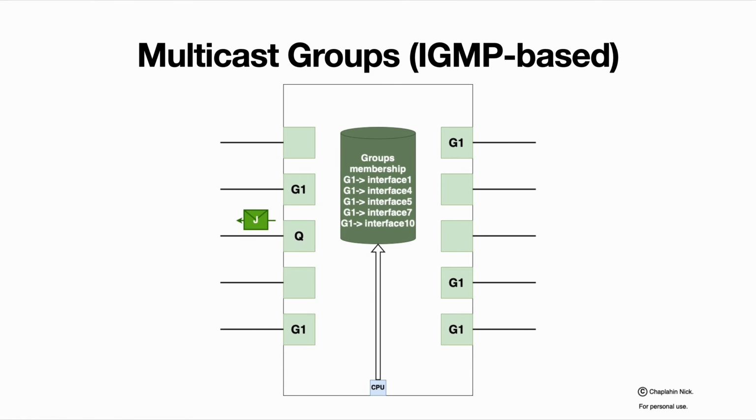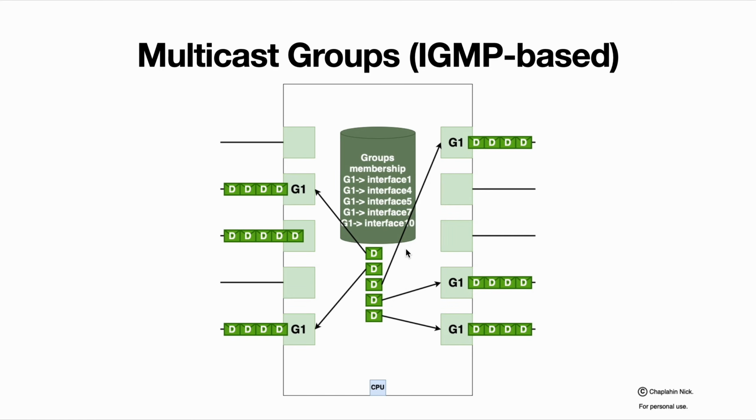Then when data traffic is coming, the data frame also has the identifier of the group. We compare behind which interfaces there are interested parties in this traffic, multiply the frame as many times as needed and send it through those interfaces. That's how simple it is. In basics. Details could add some additional headache, but the basics are very simple and straightforward.